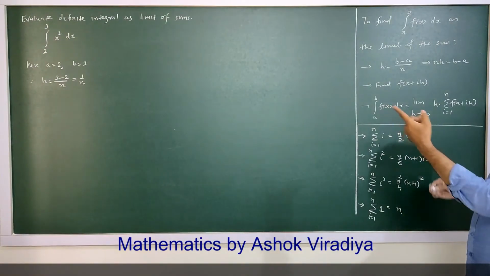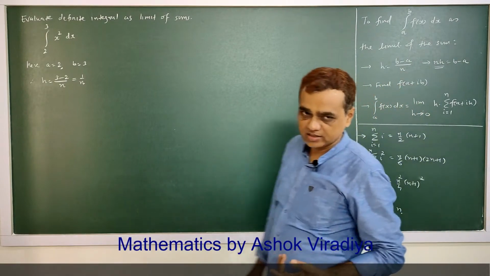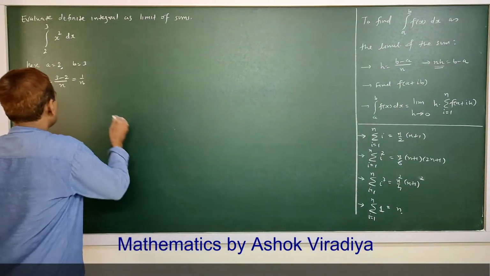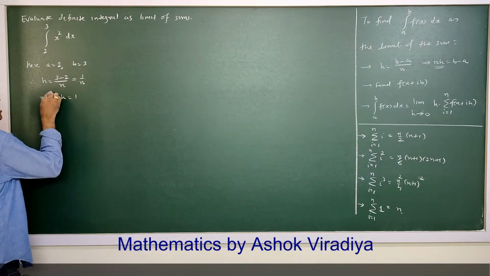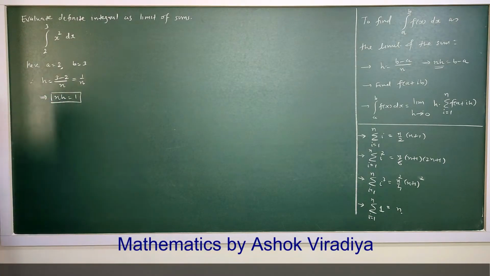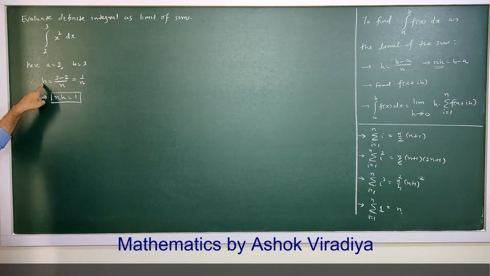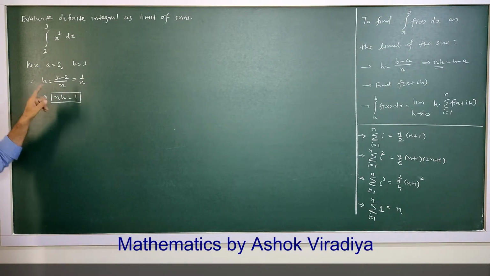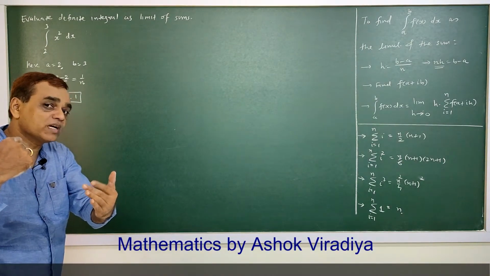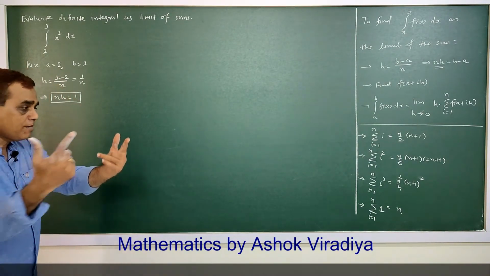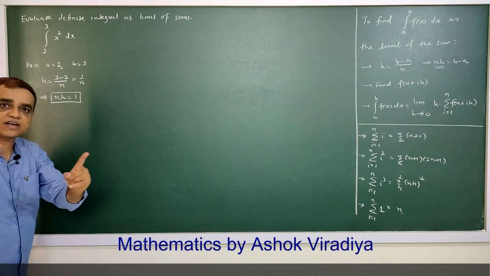Then from this equation we get the value of nh. So nh is 1. This will be used in calculation. See, as n tends to infinity, h tends to 0. As n tends to infinity, h goes nearer and nearer towards 0, but every time the product of n and h is constant, that is 1.